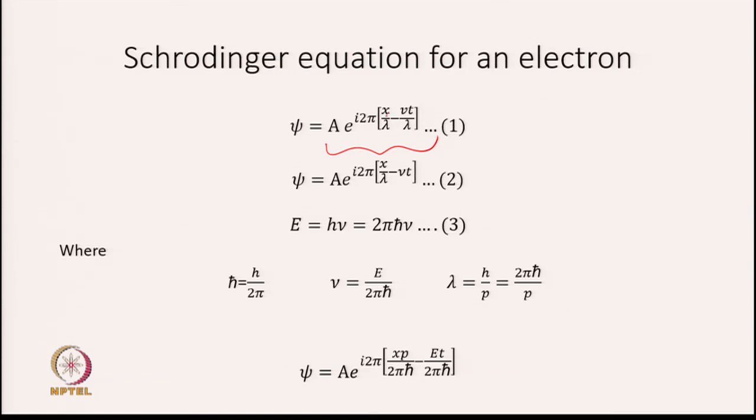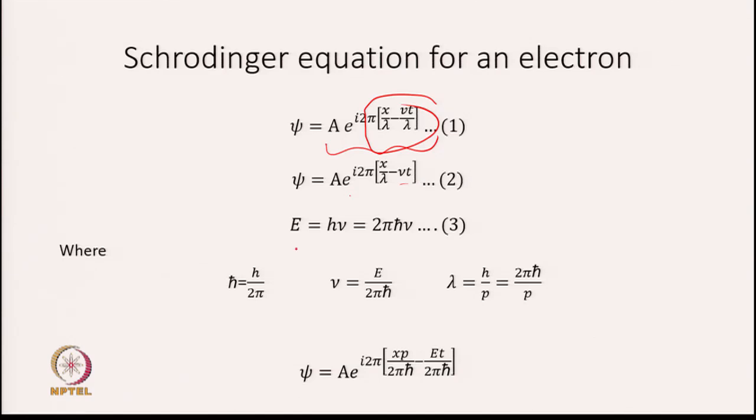This is the same as what we used for the sine function. Only thing, now we are taking the exponential function as the representation of a wave. So, psi is equal to a exponential i 2 pi x by lambda minus nu t, where v by lambda is the frequency nu.